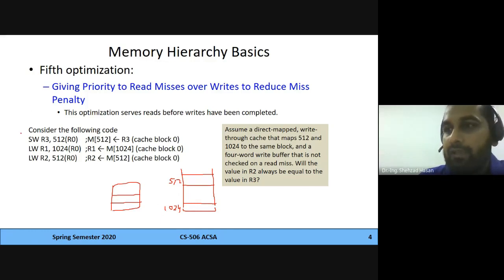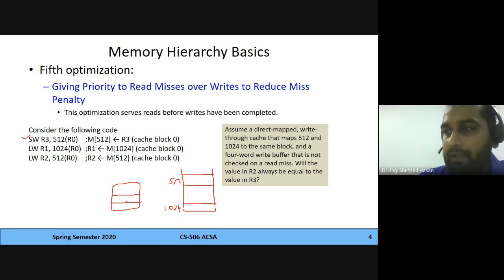Now this is a write operation, store word. Store word is a write operation, so we are going to write the value in this location 512 over here in the memory. So we have different options. One is write allocate and one is write no allocate.